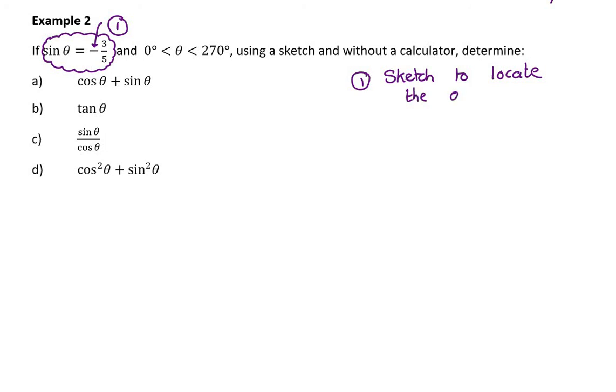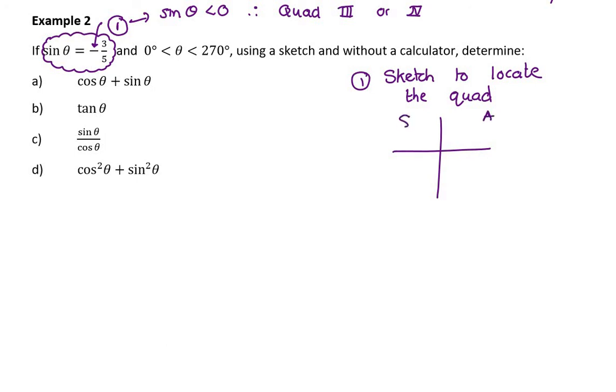In this particular step here, they've told me that sine is negative. I know that sine is negative in 2 quadrants. So therefore, I could be talking about quadrant 3, or I could be talking about quadrant 4. Because of all stations to Cape Town, I know that I can't be talking about that and I can't be talking about that.